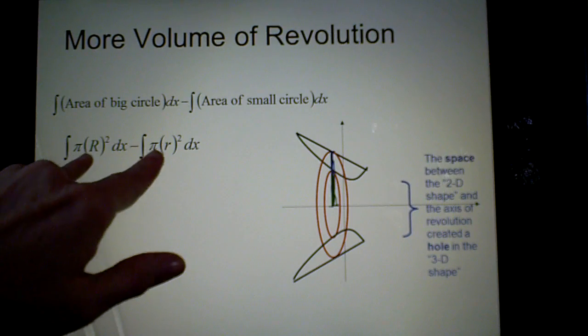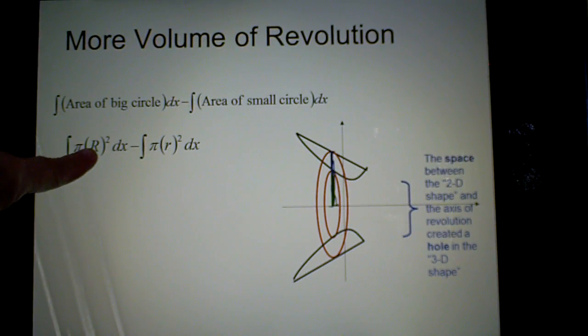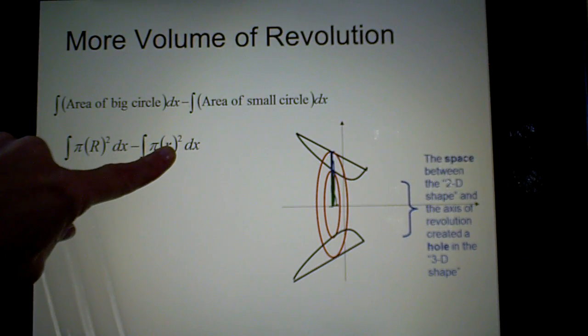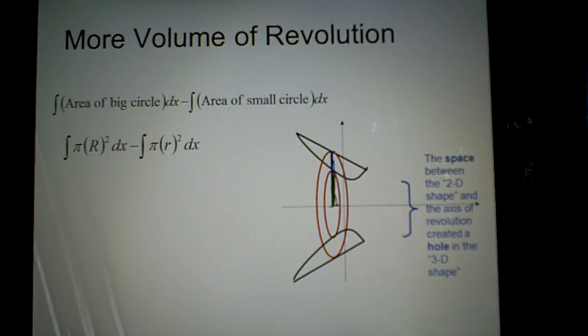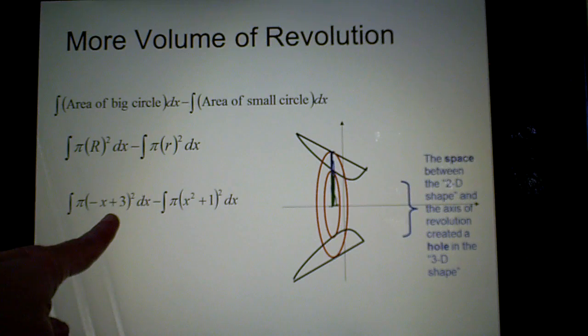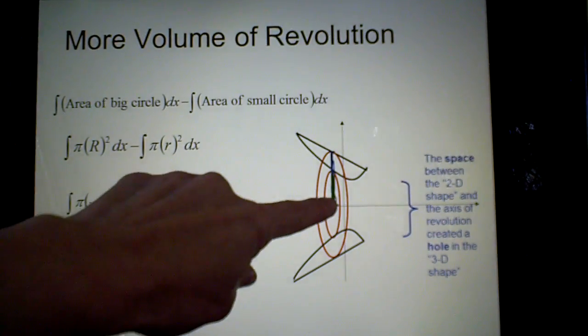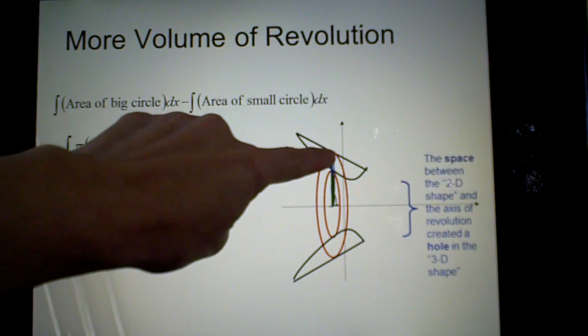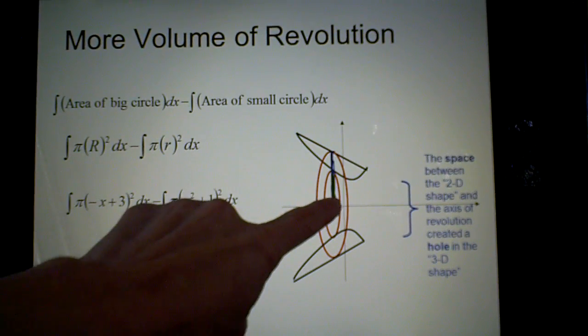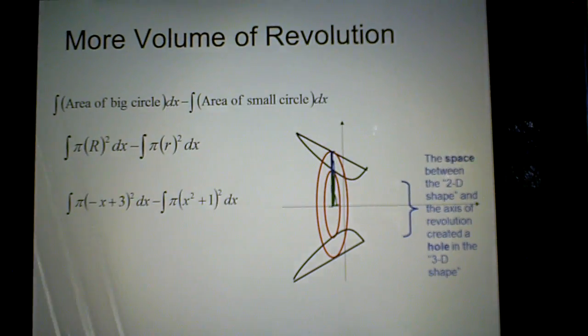Pi. And look how clever we are. Capital R squared for big circle, little r squared for small circle. It was the linear function that was the height of the largest radius, and the parabola was the radius of the smaller circle.